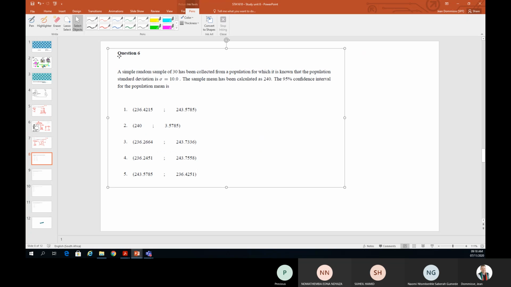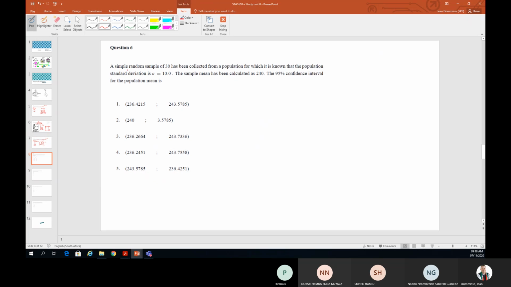So here they talk about a simple random sample of 30 that was collected from a population for which it is known that the population standard deviation is given. Okay, so it is known, so we're working with a Z. 95% confidence interval, so we're working with a Z that is 1.96.